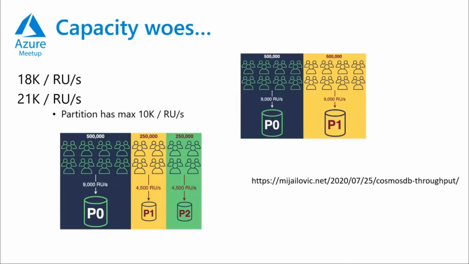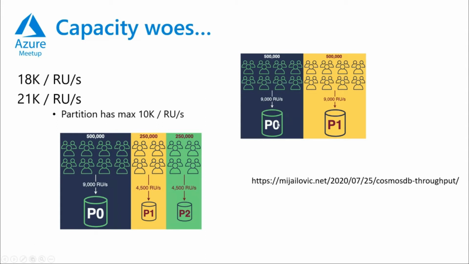Now, let's talk about something interesting. A partition has a limit of 10K RUs. So let's say that we are running with 2 partitions, and you're running with 18,000 RUs per second. This is this model right here. You're happy.